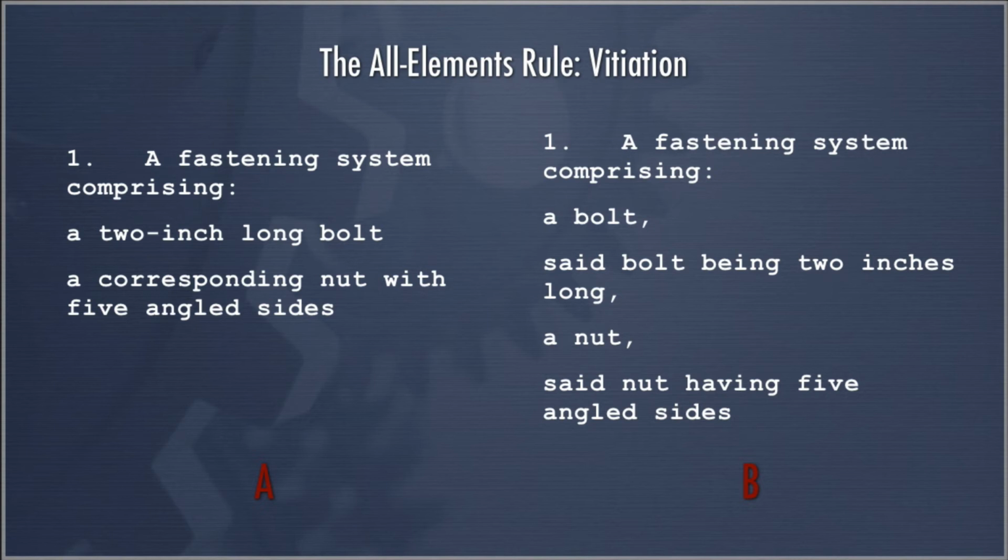So, which one is a broader claim? Any ideas? Well, if you thought to yourself, they're the same, you would be correct. They have the same elements. They're just lined up a little differently.